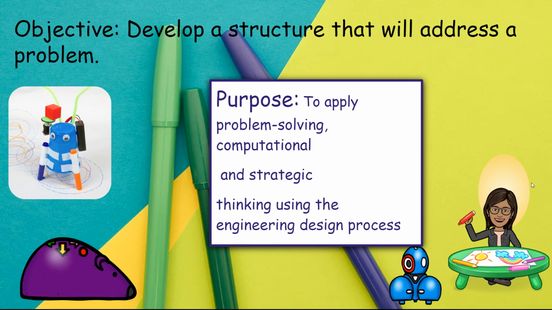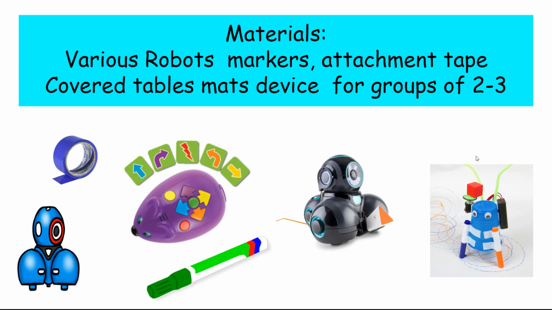Our goal is to develop a structure that will address a problem. In this case, we want our robot to draw. Our purpose is to apply problem solving, computational, and strategic thinking using the engineering design process. Students are given the following materials: various robots, markers, attachment tape, covered table mats, and a device for groups of 2 and 3.